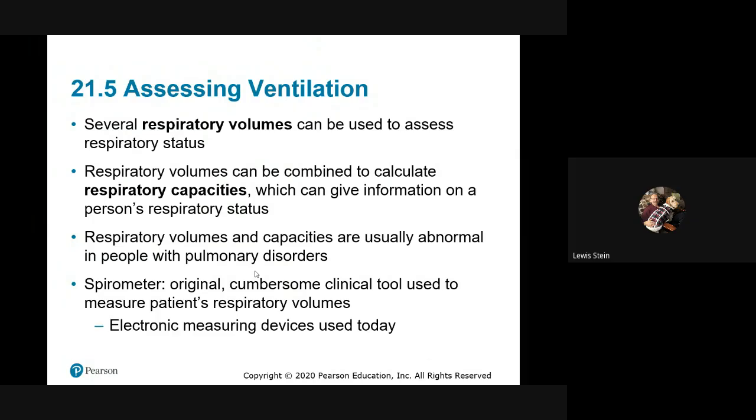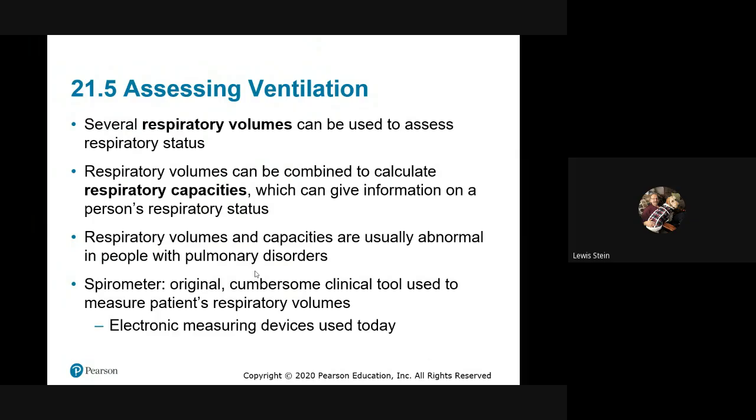So respiratory volumes are calculated. We have 4 different volumes, and when we combine them, we get capacities. Respiratory volumes and capacities are usually abnormal in people with these pulmonary disorders, and so we categorize them. Remember, physiologically, the conducting divisions run from the nose to the terminal bronchioles. This has to do with how fast you expel the air. A limitation of that is called obstructive.